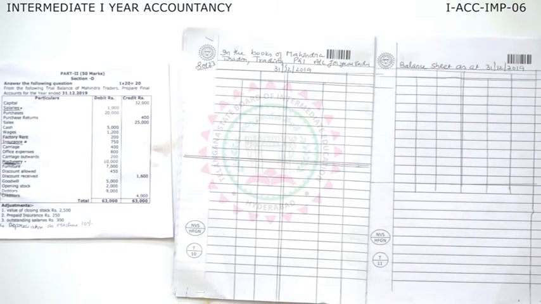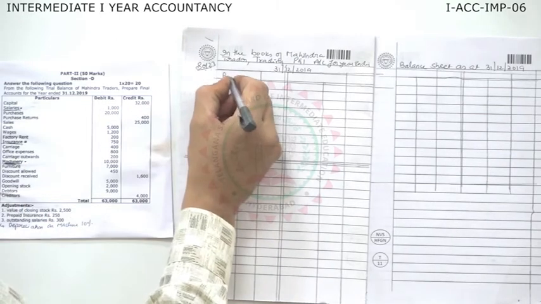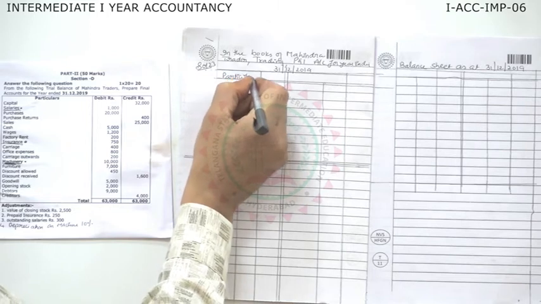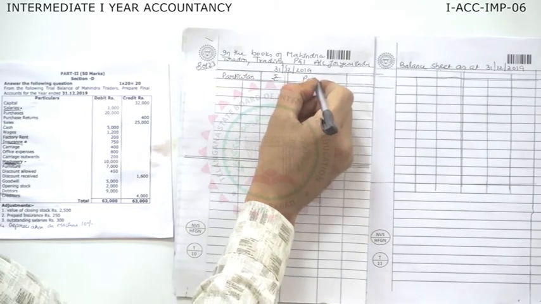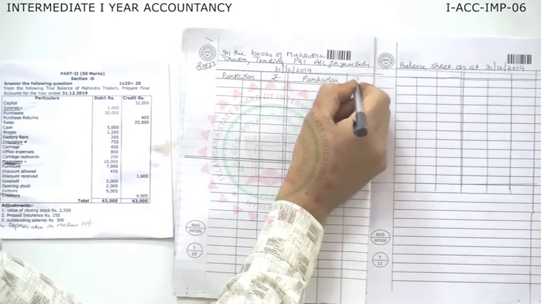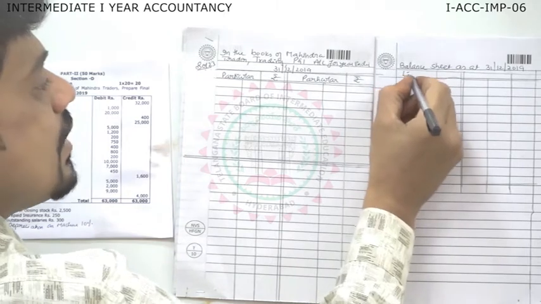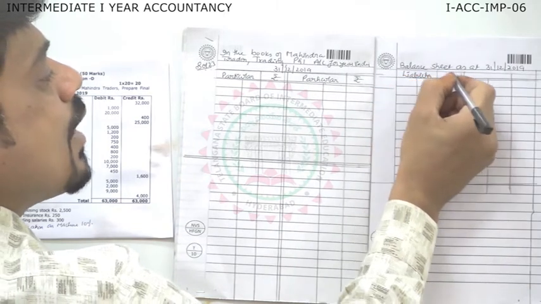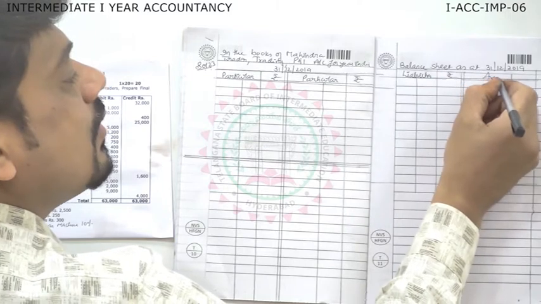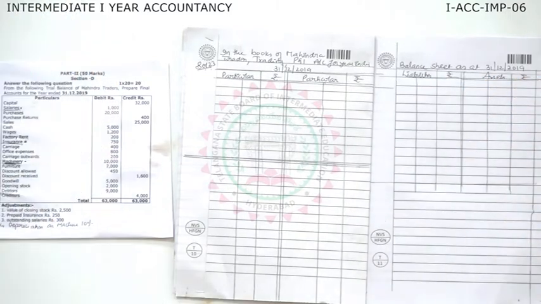Now first we'll fill in the contents. You can see I have made the structure ready. Here: particulars, rupees; particulars, rupees. Then in the balance sheet: liabilities, rupees; assets, rupees. Now first make out the format.